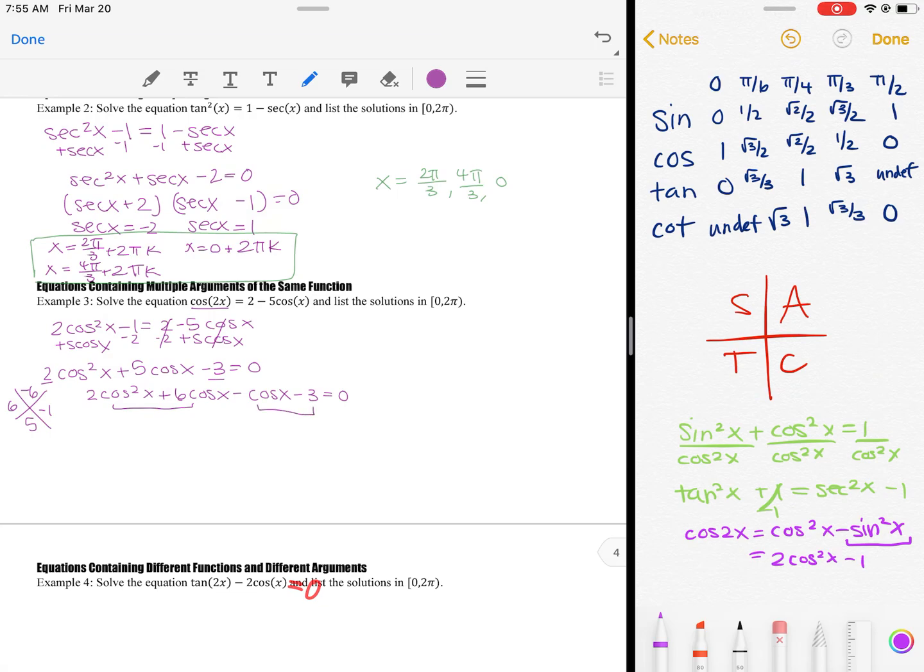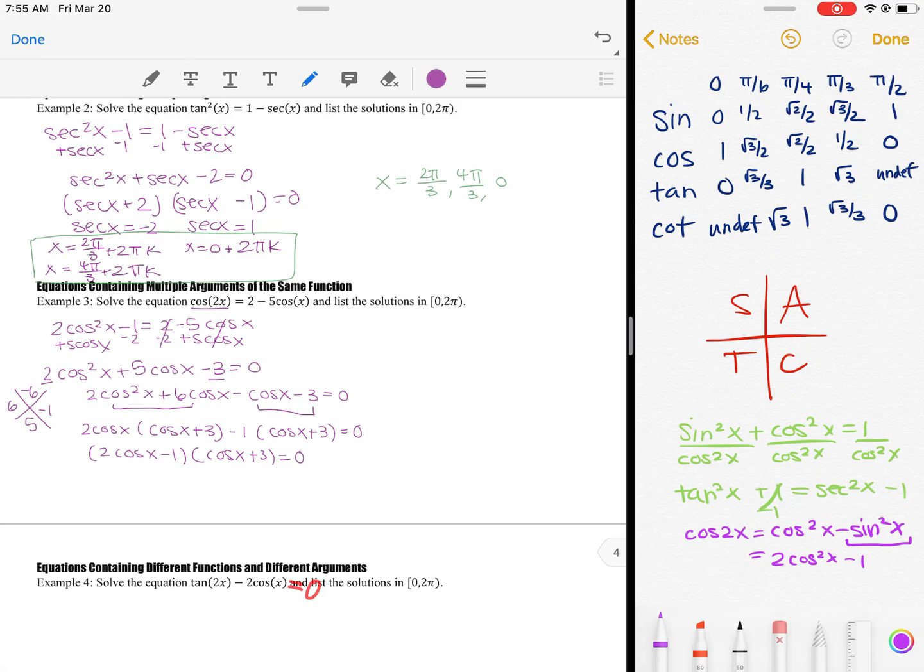And then remember we do our grouping. So the GCF of this first one is cosine of x. So we're left with cosine x plus 3. The GCF of these next ones is negative 1, so we get cosine x plus 3. We get 2 cosine x minus 1 times cosine x plus 3 equals 0.